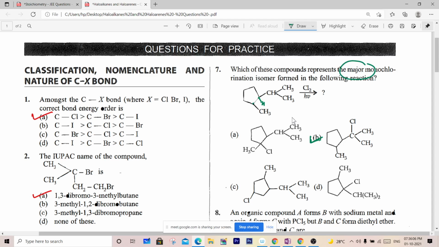So why that one first? Yes. Here we have a steric hindrance, and here we have less steric hindrance. Here we have more bulky group around itself, but here we have less bulky. That is why the possibility is to remove the hydrogen from here. Oh, okay, sir.